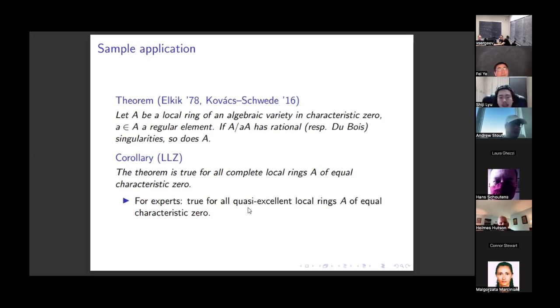To deduce quasi-excellent local rings from complete local rings is pretty standard. You just need to base change to the completion. So from here to here, it's nothing new. Folks have been doing it all this time. But from algebraic varieties to complete local rings is something that we will systematically capture, instead of the sporadic, occasional usage in all those literature papers.